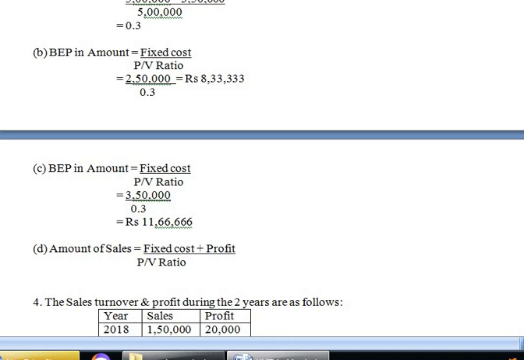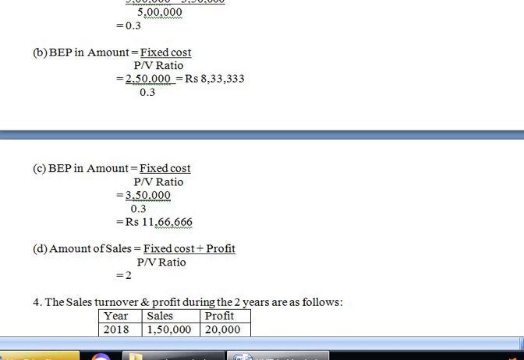So the amount of sales formula has to be used, because we know fixed cost and we know the profit they have given. If we want to earn 50,000 as profit, how much will our sales be?